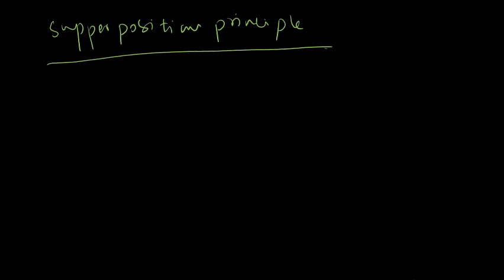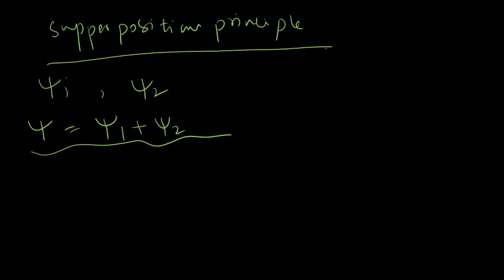That is, if psi 1 is a solution and psi 2 is a solution, then their combination psi 1 plus psi 2 will also be a solution. This solution should also satisfy the condition that omega is equal to h squared k squared over 2m. Then this superposed solution will also be a solution of Schrödinger wave equation for the free particle.